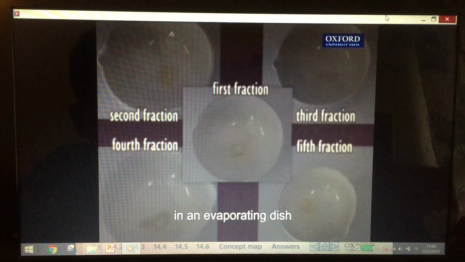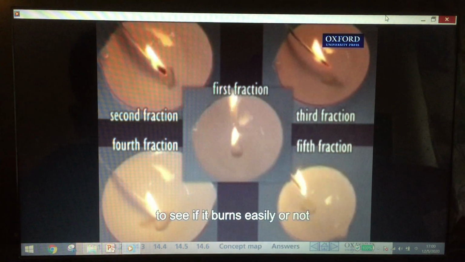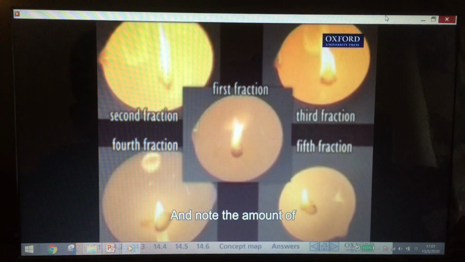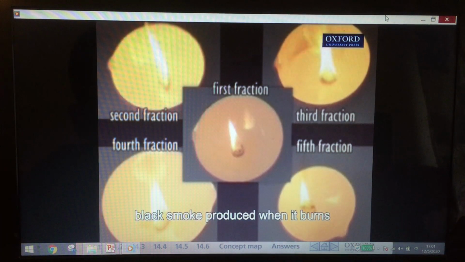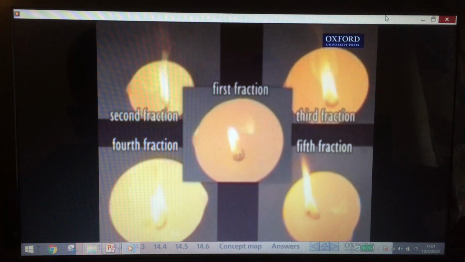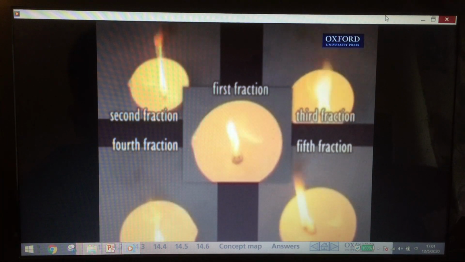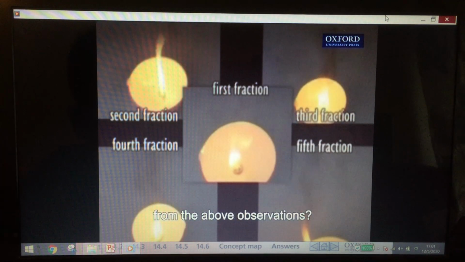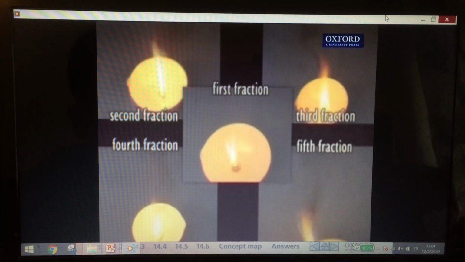Light each fraction in an evaporating dish to see if it burns easily or not. And note the amount of black smoke produced when it burns. What conclusion can you draw from the above observations?